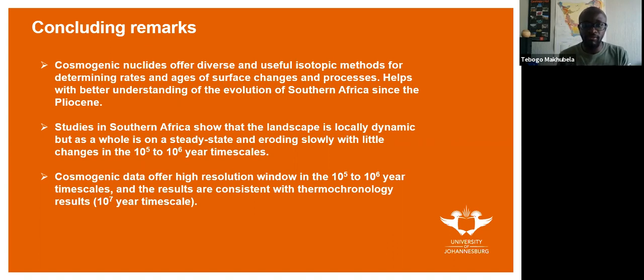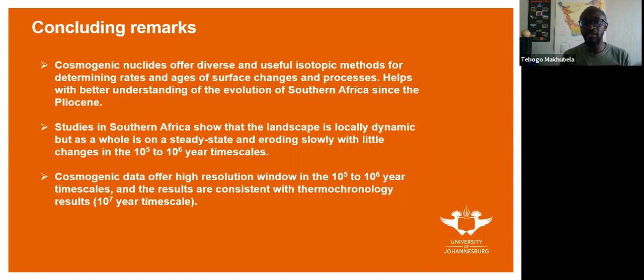So cosmogenic nuclides are far superior to luminescence dating, also because it is not just one form of dating, but different forms of dating. Also, consider how you combine cosmogenic nuclides. For example, you can use a single nuclide, let's say just beryllium-10 on its own, for a particular process.